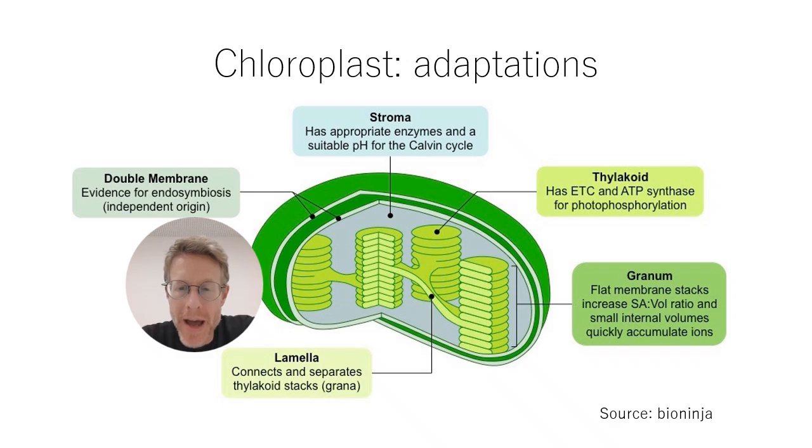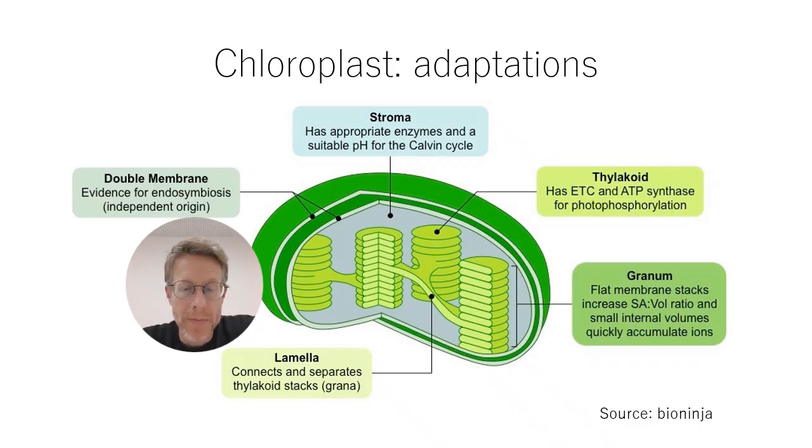And the grana, because they're these thin stacks of membranes, create a large surface area to volume ratio, which allows the light-dependent reactions to happen more efficiently. The grana, by the way, are where the chlorophyll is. The chlorophyll is what makes plants green and absorbs light and makes photosynthesis possible.